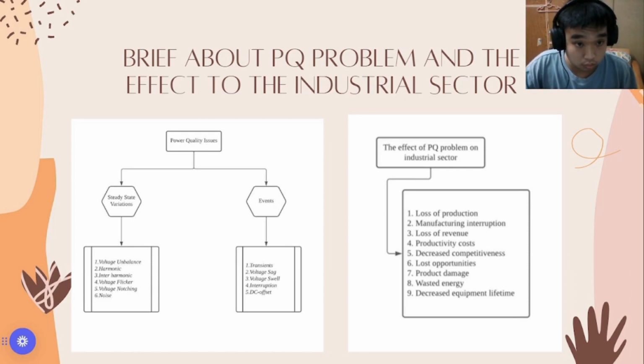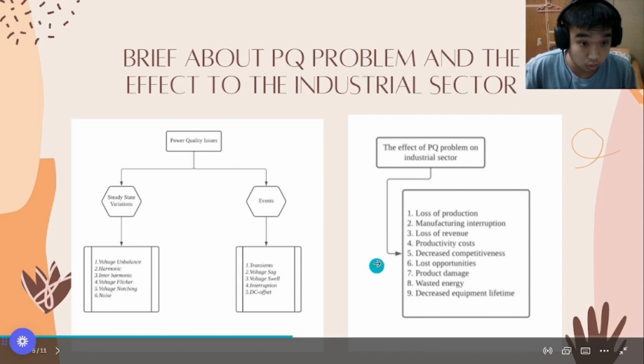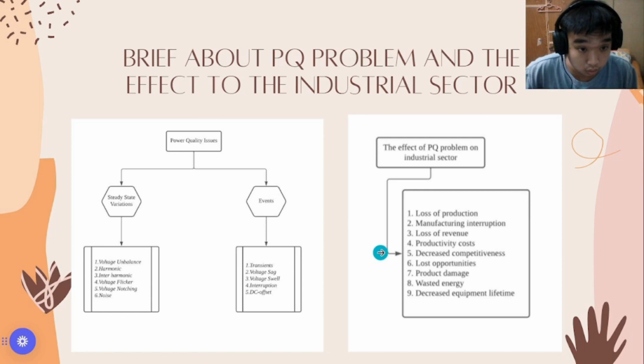In the steady state variation, there are included voltage unbalance, harmonic interharmonic, voltage flicker, voltage notching, and noise.